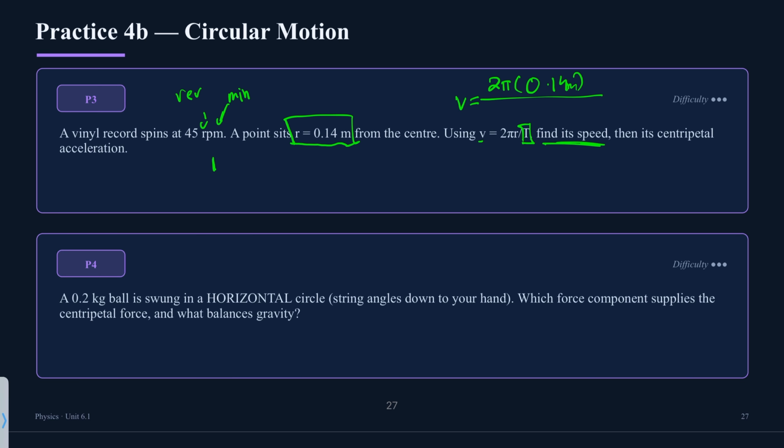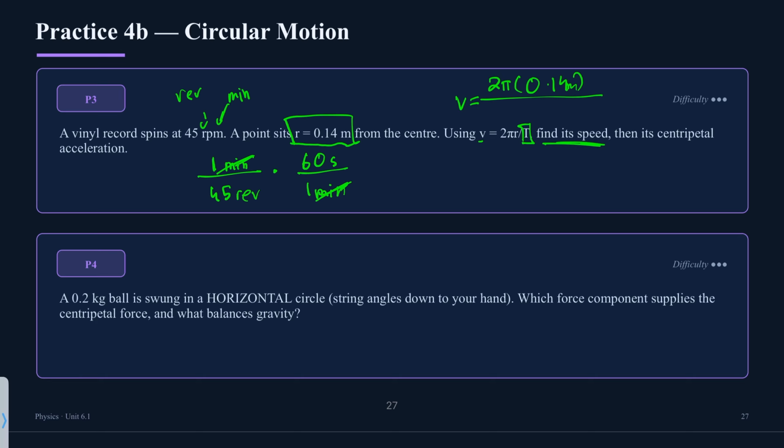We just need to convert it to seconds. We know 1 minute is for 45 revolutions, and then we can just multiply that by 60 seconds per 1 minute.